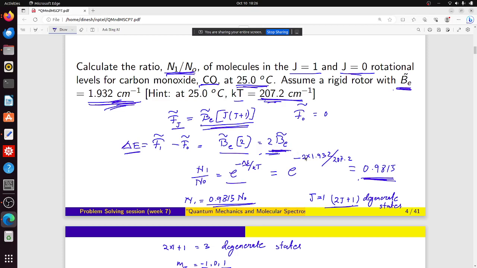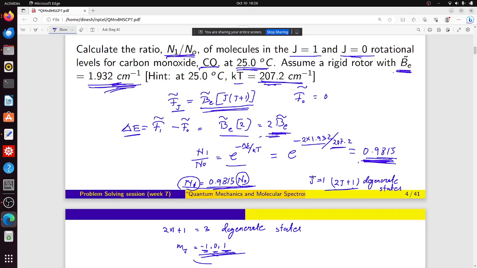This is 2B tilde divided by kT. So this ratio is giving us this one. So this much fraction of molecules are in j equal to 1 state compared to j equal to 0. You see, this much fraction of particles are there in one state compared to 0 state. But if J is non-zero, then there will be some degeneracy in the states. This degeneracy is 2J plus 1.